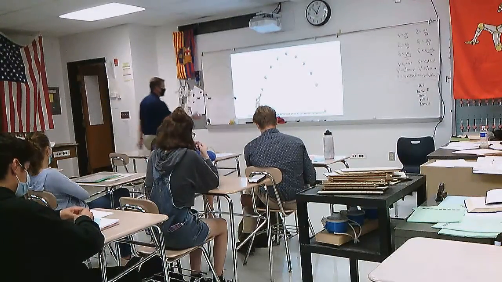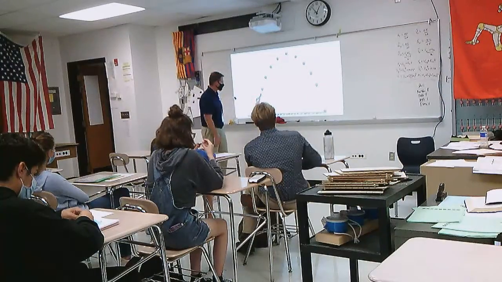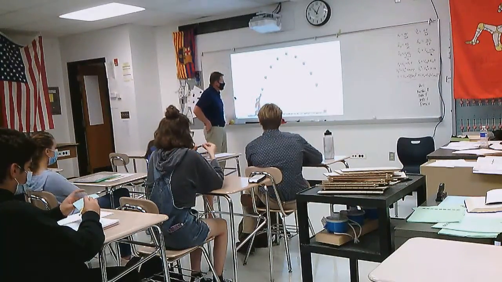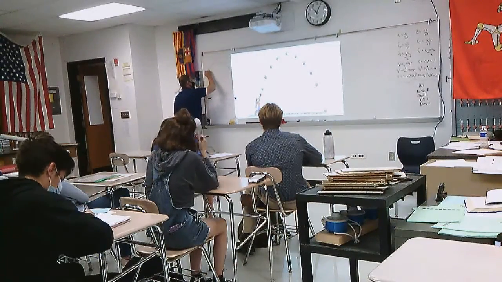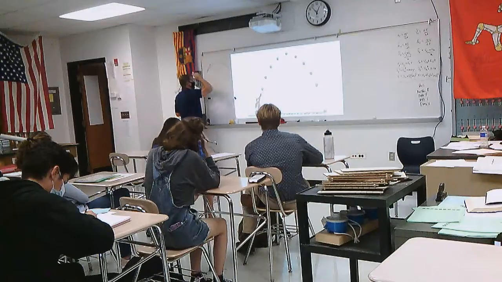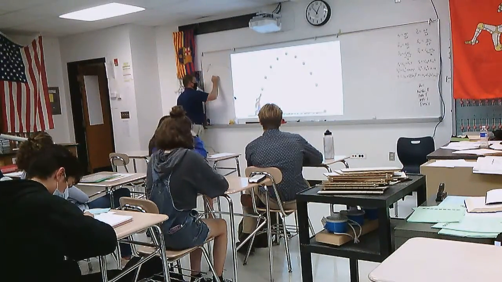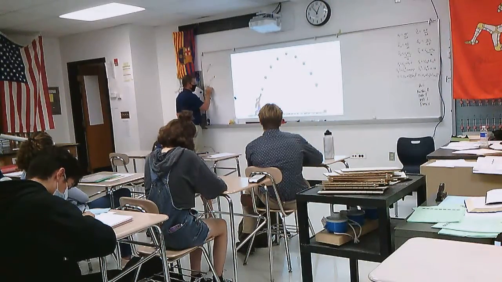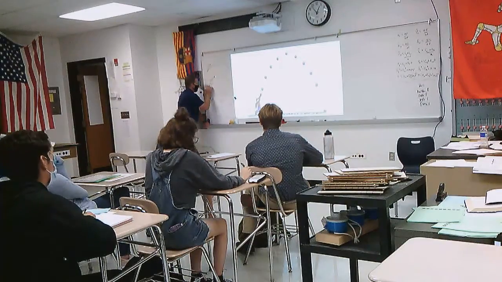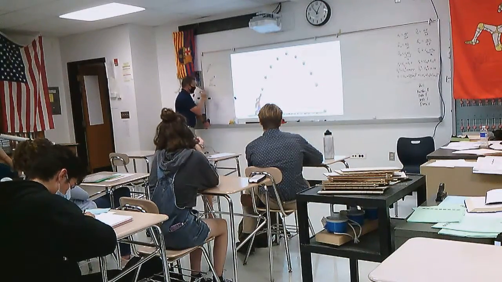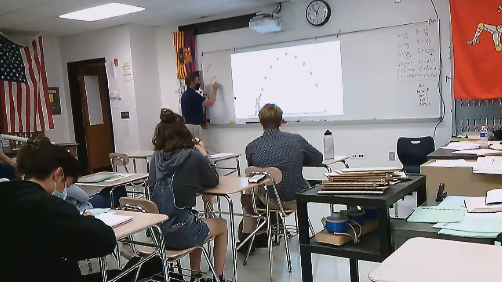So if we take that last thing and think of each of these things individually, what did we do yesterday? Yesterday, we took Emily's initial velocity here. It was 20 meters per second at some angle of 60 degrees. We recognized that the initial velocity at an angle had a horizontal component and a vertical component.